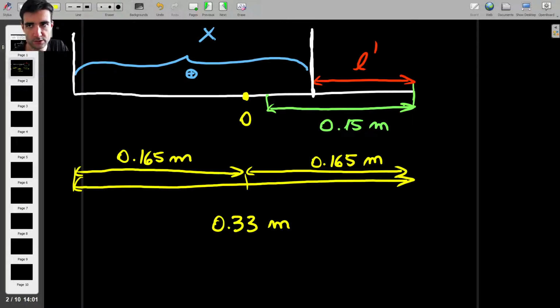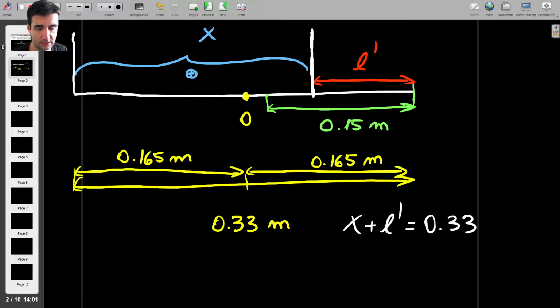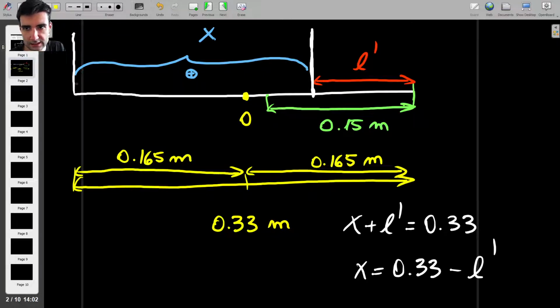To find x, we can simply write that x plus L prime is equal to 0.33, which means that x is therefore 0.33 minus L prime. So the center of mass of the water is at half of that away from the left-hand side, which is essentially (0.33 minus L prime) divided by 2.